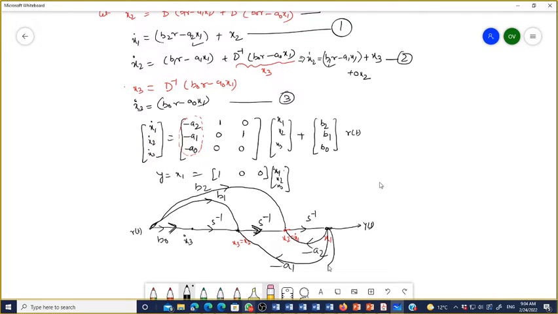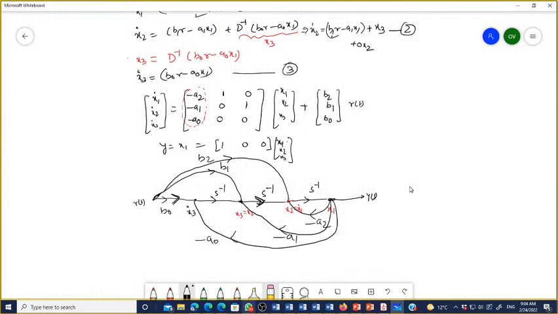So this one is minus a naught x1. This is made. Any problem? So this is the signal flow graph of the derived picture.